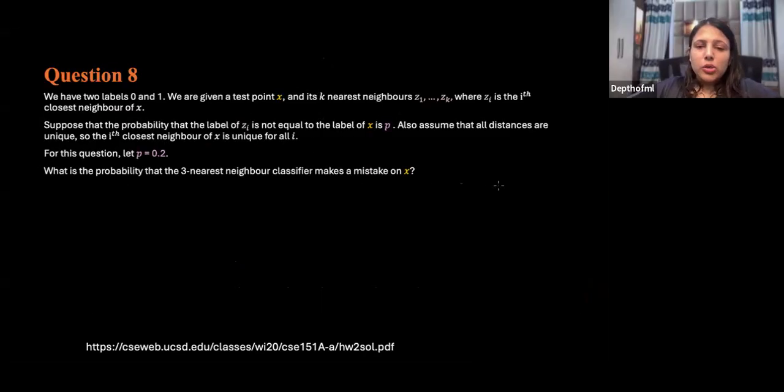So first, let's see when the prediction of X will be incorrect.